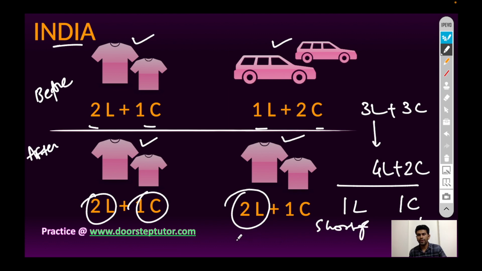So shortage will create demand, so labor wage will increase. One extra capital is available. It means there is an increase in supply of capital. So increase in supply will reduce the price of capital.